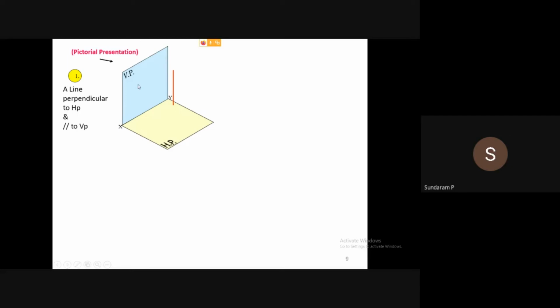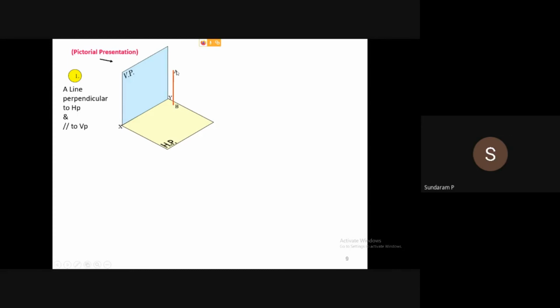So based on the orientation in the first quadrant itself, we can say the object is oriented like that. When we look at the front view, we get the true length, the same length of the object. We get both ends. When you look at the front view, one end is point A, and by joining the two points A and B we get the straight line.